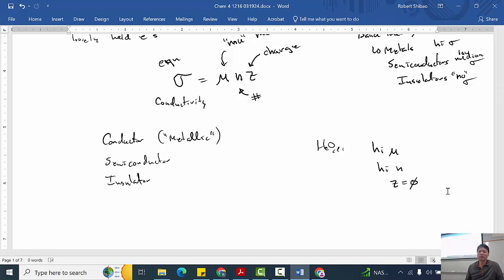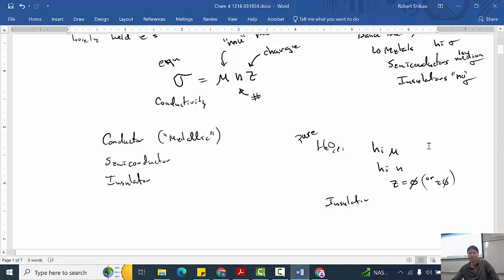So pure water, this is pure water, by the way, should be an insulator, or close to 0. We'll learn later that there are some charged species in water, even in pure water at 25 degrees C. But anyway, it's an insulator.